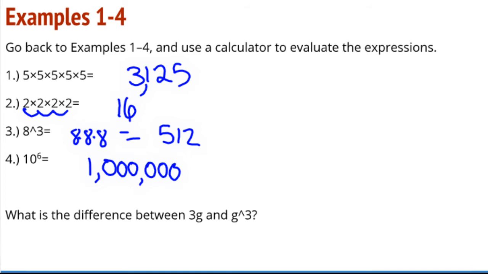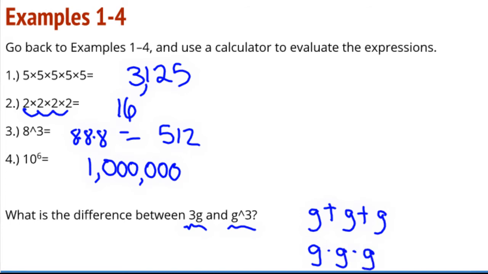And then here is a thought question. What is the difference between 3g and g raised to the 3rd power? Pause and think about that for a moment. 3g means that I'm going to add g together 3 times. Whereas g to the 3rd means I'm going to multiply it together 3 times.